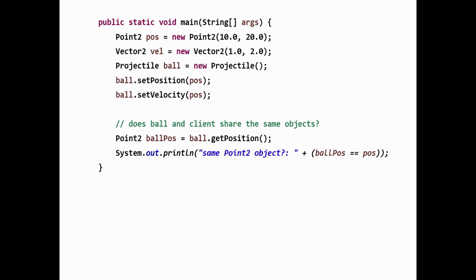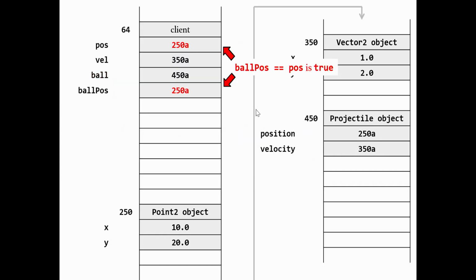It doesn't mean do they have the same state. Is that object the same as that object? And the answer is yes. So ballPOS is just that value there. That reference is the exact same as that reference, so they have the same values. So ballPOS equals POS is true.